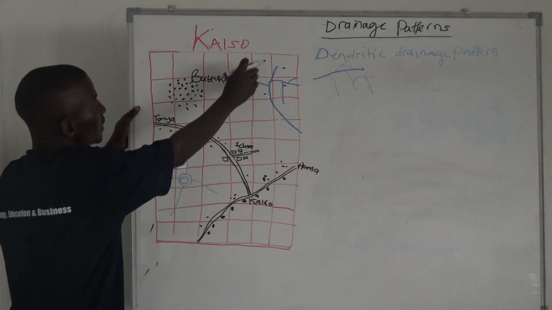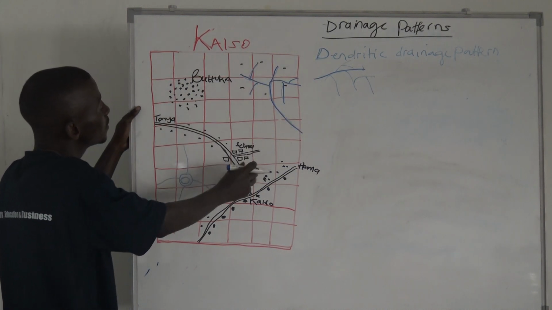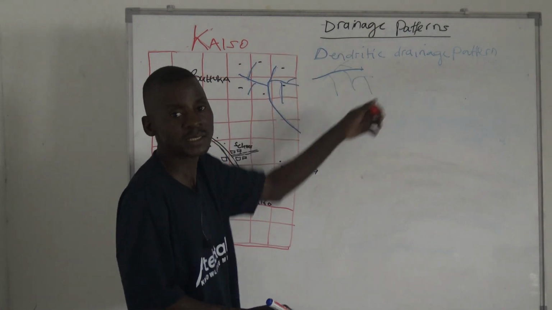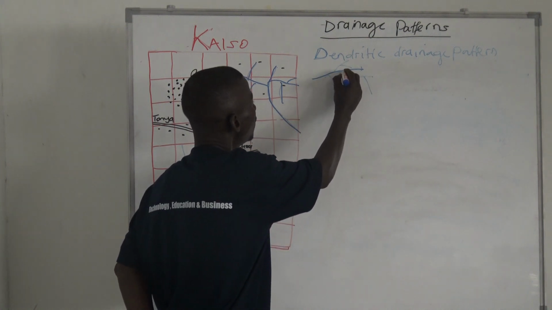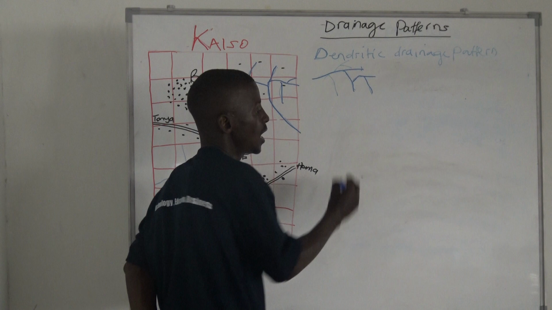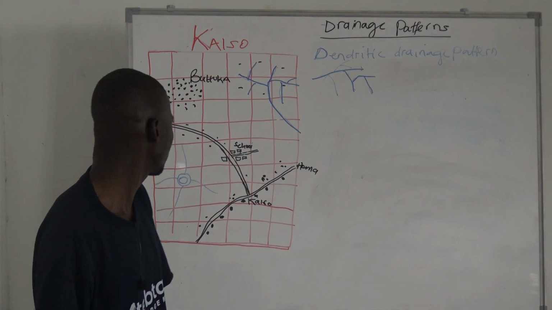So once you see this, you go in the map and you see these blue lines with so many branches, tell the examiner that this one is called the dendritic drainage pattern. The river divides and subdivides into numerous branches.